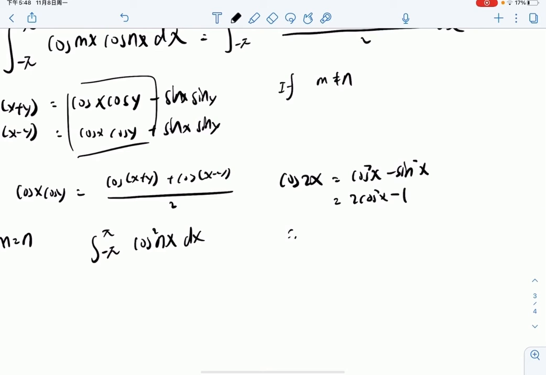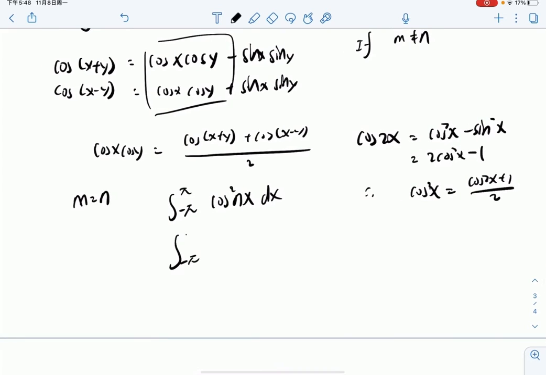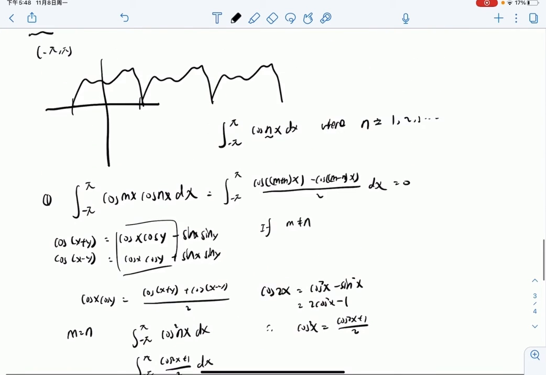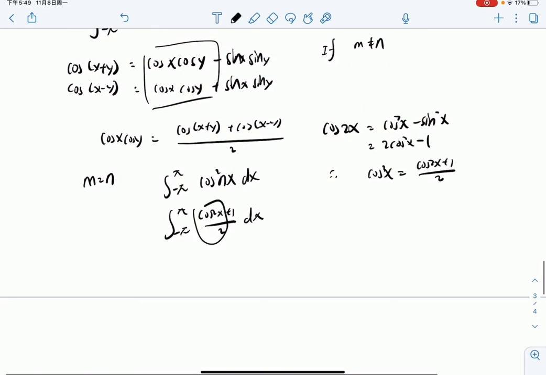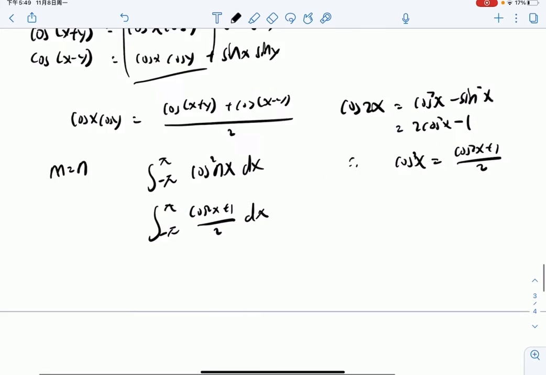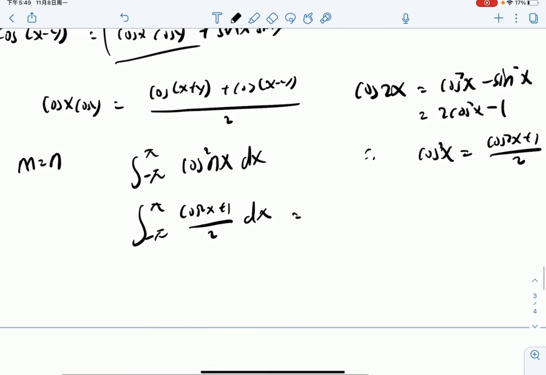So cosine squared x is equal to cosine 2x plus 1, divided by 2. And take the integral of cosine 2x plus 1. From the previous example, the cosine 2x part is going to be equal to 0 because the area is 0. So this term is basically equal to pi.